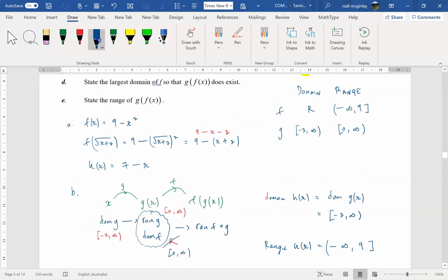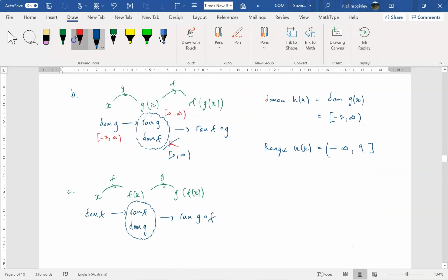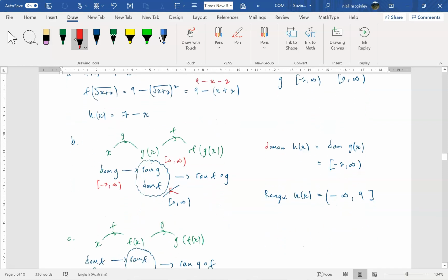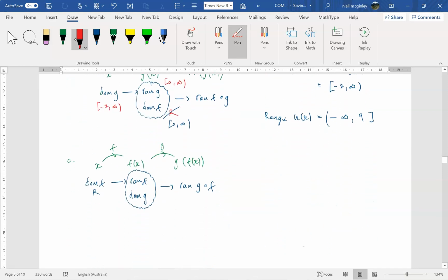So the domain of f was R. So here, that's going to be R. The range of f was negative infinity to 9. So this is negative infinity to 9. What's going to happen if it doesn't exist is we're going to have values here that don't lie within the domain of g, and hence stop it working, stop it existing.